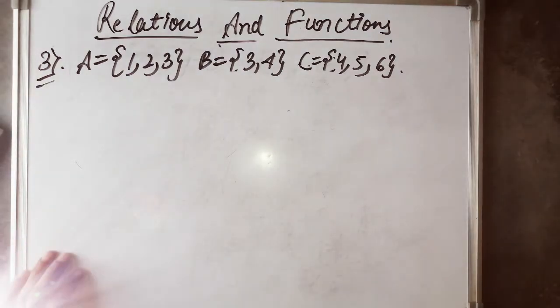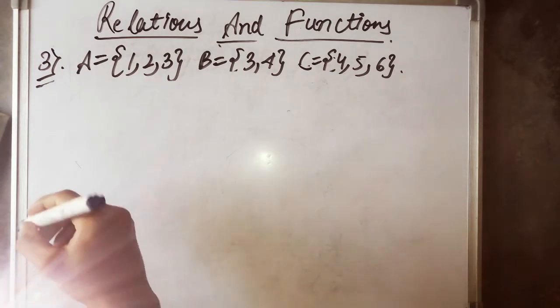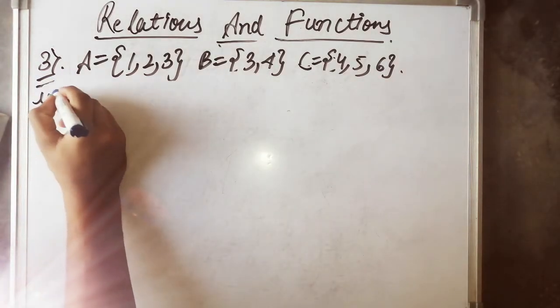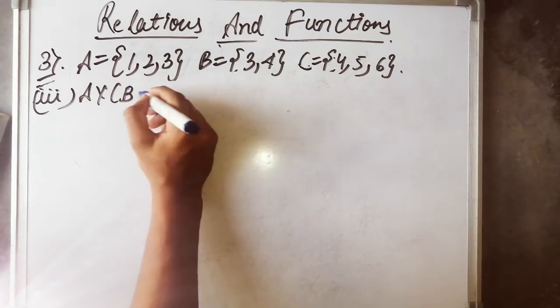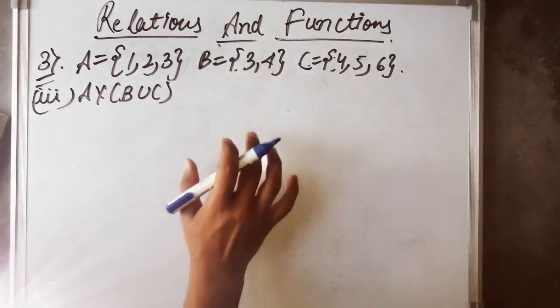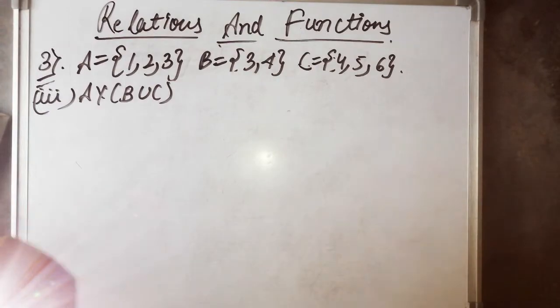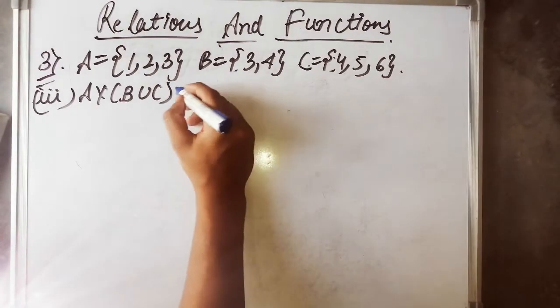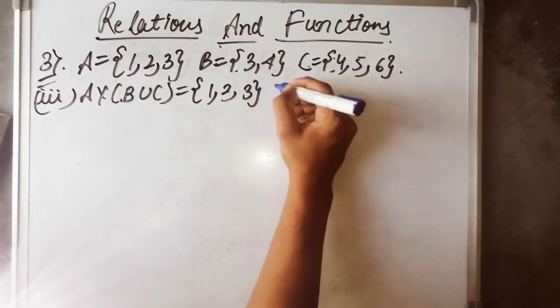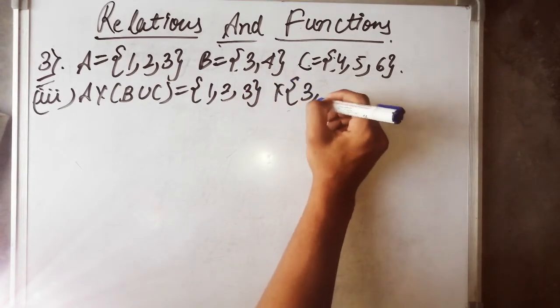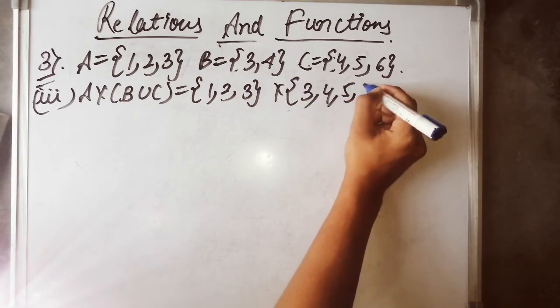Let's have a look at the third part, which is A cross (B union C). What is B union C? {3, 4, 5, 6}. We need to find {1, 2, 3} cross {3, 4, 5, 6}.